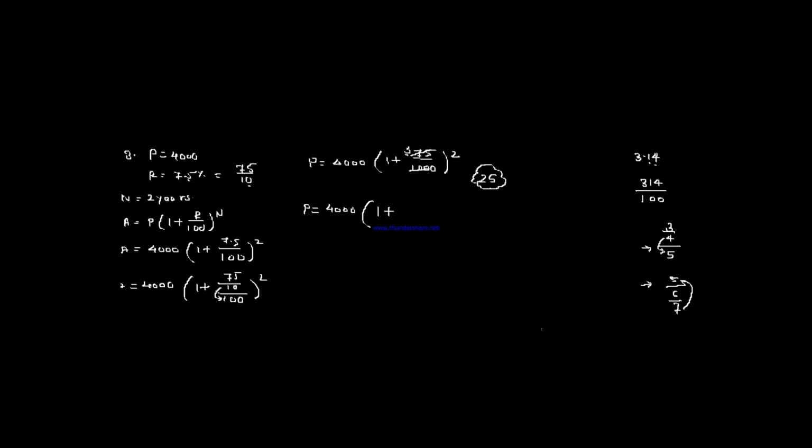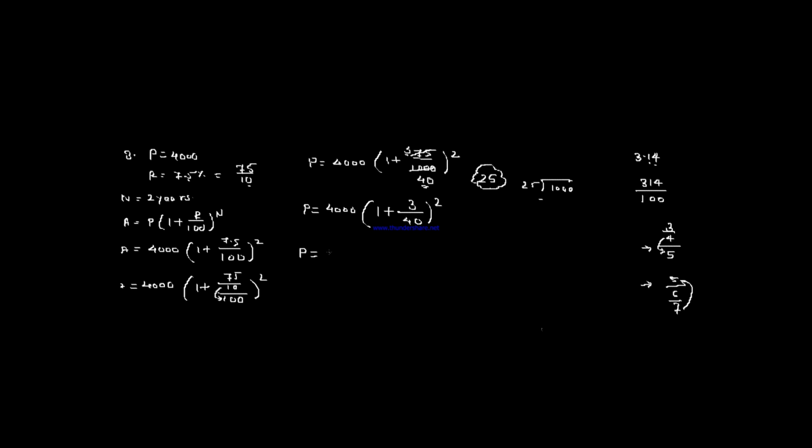And here 25 40s are 1000. Okay, so the 3 upon 40 is here, and now there is no scope for further simplification.